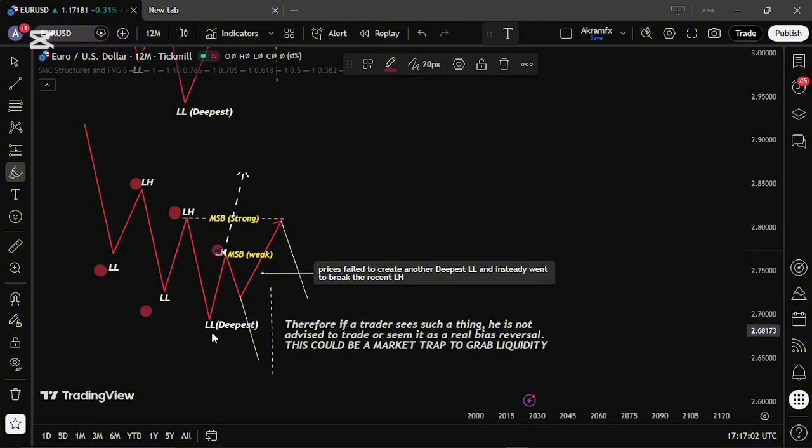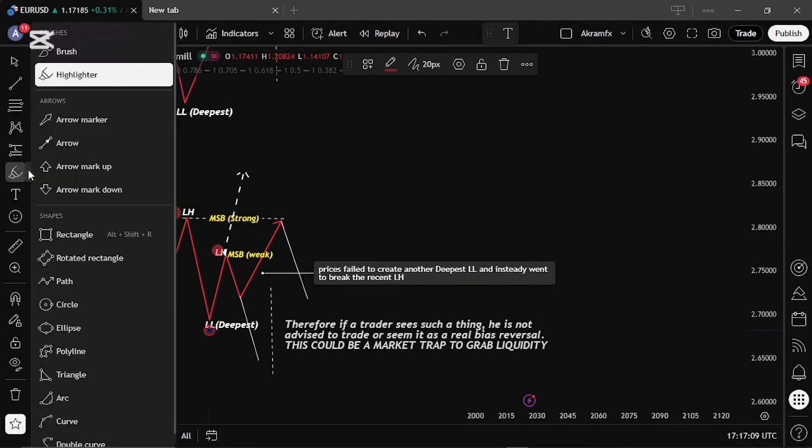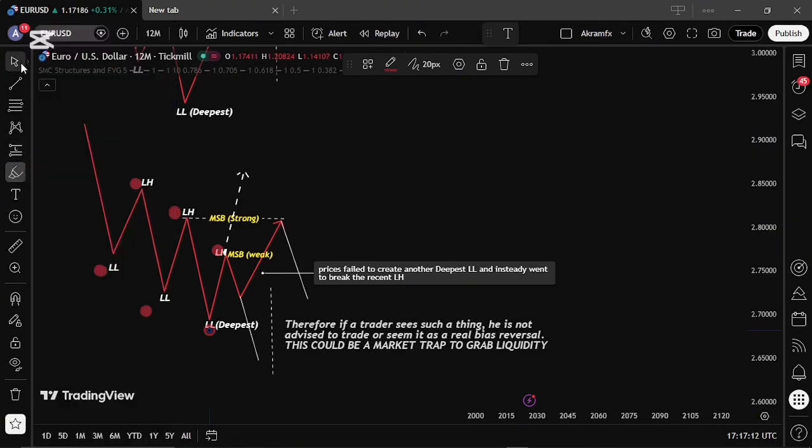On forming the deepest lower low, instead of coming back and breaking completely to form a strong market structure break, it just forms another lower high, and then on coming down it fails to form the deepest lower low and just breaks this swing.